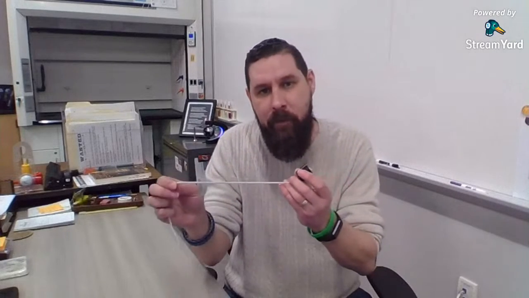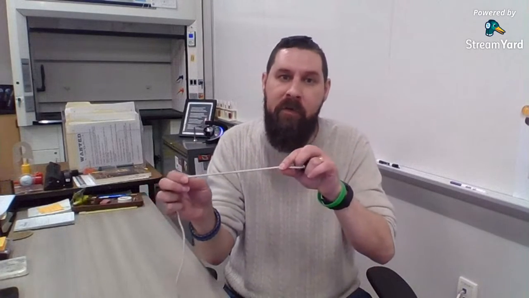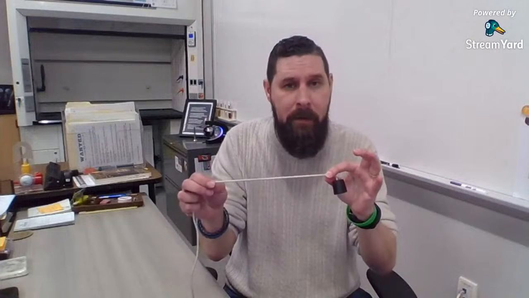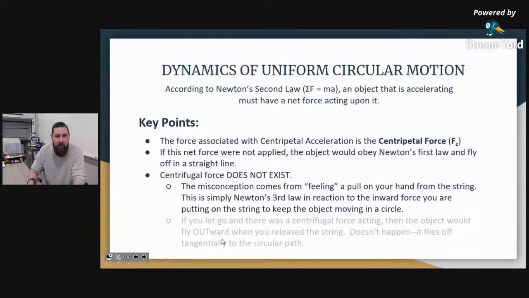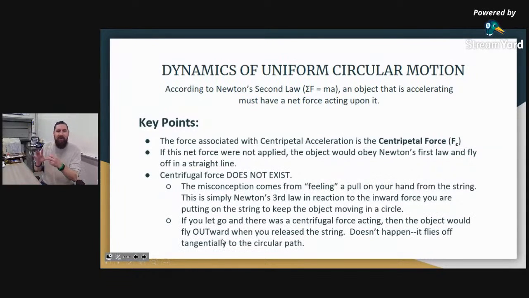When I apply an inward force, the string exerts an outward force of tension, and that's the force that you're feeling on your hand. You're not feeling centrifugal force because, again, there's no such thing as centrifugal force. But let's just assume for a moment that there were this thing called centrifugal force.